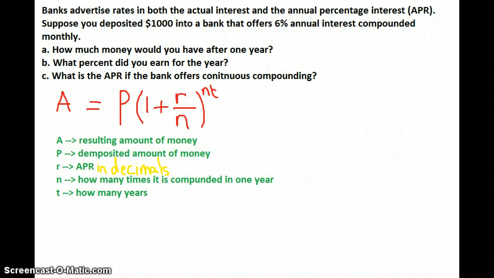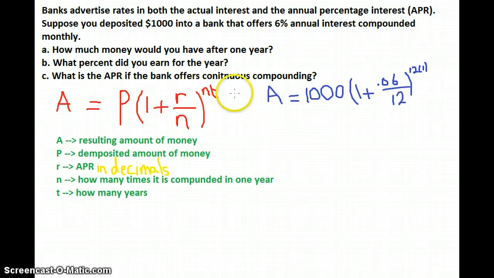All right, let's see how we can solve this. If we input all of our given information, we'll have 1,000, parentheses, 1 plus 0.06 over 12, close parentheses, 12 times 1. And that's what I inputted based on the given information. So if I'm taking notes, I would want to know what those variables mean, those letters over here, so that when I input my information, I input it correctly.